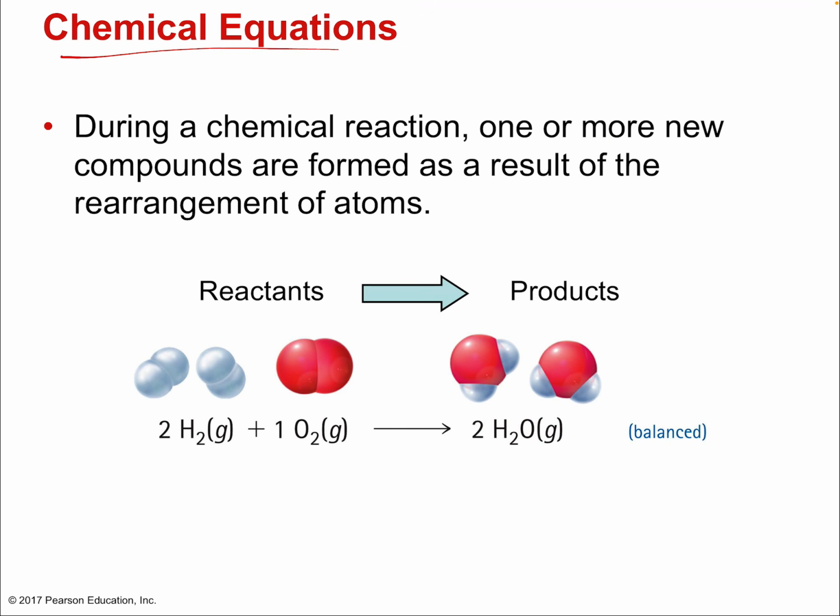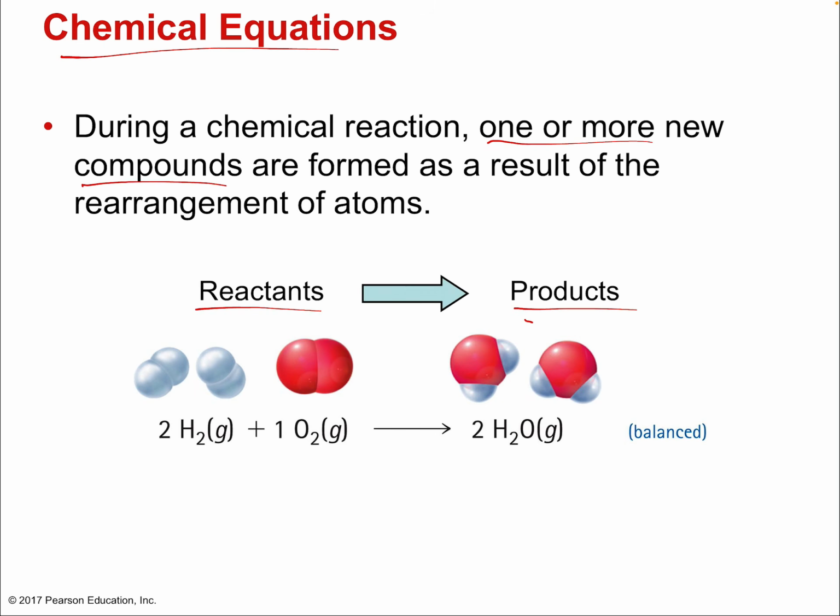What is a chemical equation? Well, it's a lot like a mathematical equation, but there's no equal sign. Instead, it has an arrow linking the left and right hand sides of the equation. And what it means is that during a chemical reaction, one or more new compounds, which is to say new molecules, are formed as a result of the rearrangement of atoms. Okay? So we have the reactants, those are the input, and we have the products, which are the output.